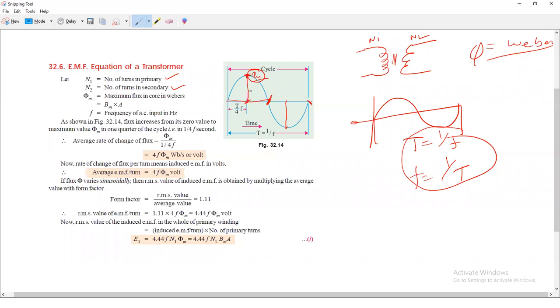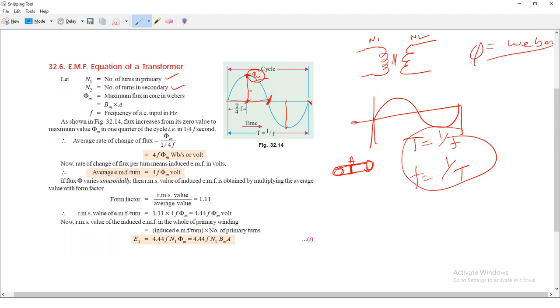Suppose this coil is your stem, and this is the area A. If this coil is silver, then the flux density is different. If it is gold, then the flux density is different.